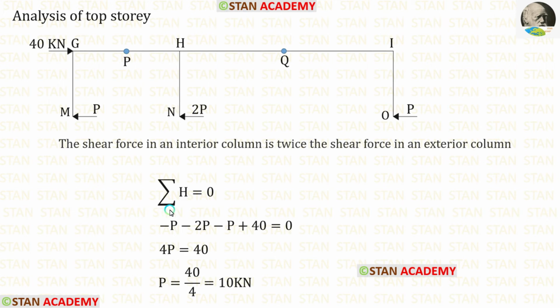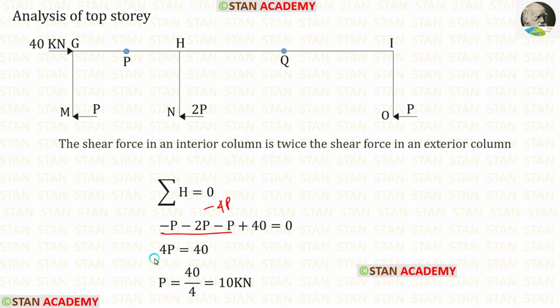Now let us apply the rule sigma H equals 0. P, 2P and P are acting towards the left side, so all of them will be negative. This point load is acting towards the right side, so it will be positive. When we add these three, we will get minus 4P.